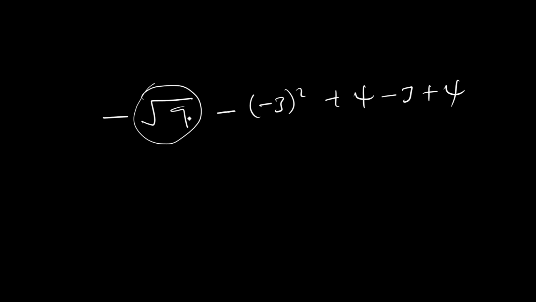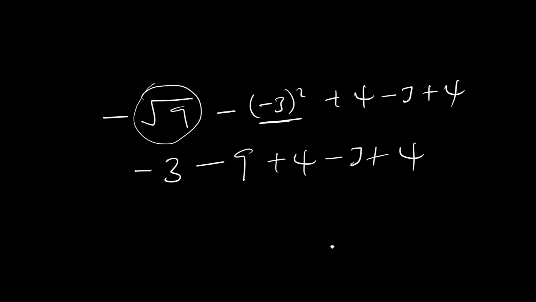So now the positive square root of 9 is 3. So negative times this, I'll be left with minus 3. Now this side is minus 3 all squared, so we have positive 9. So minus 9 plus 4 minus 3 plus 4.